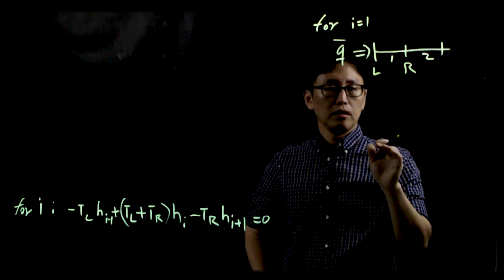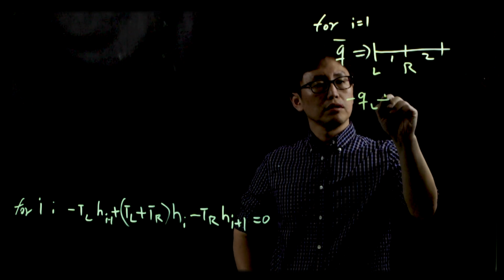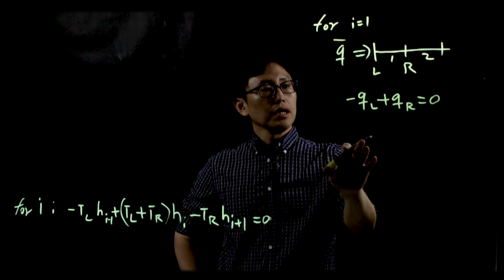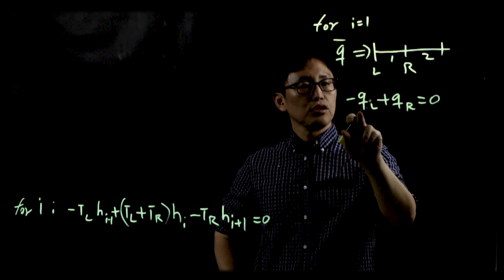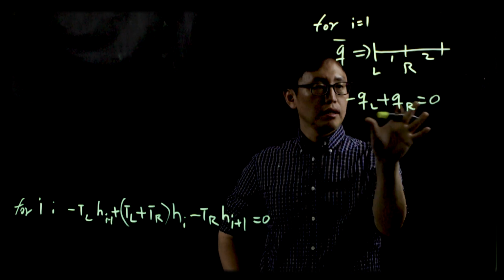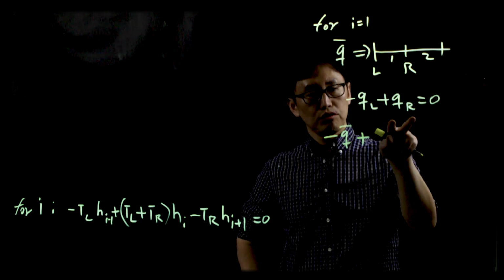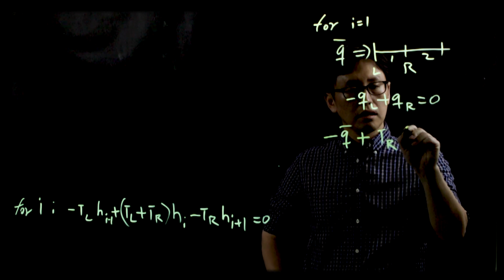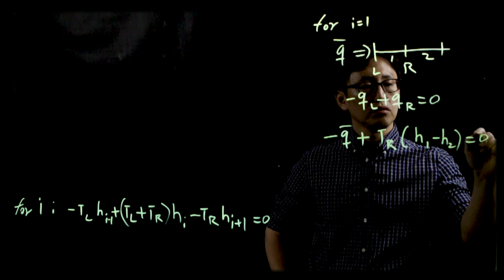Then we can write again the mass balance equation, where minus QL plus QR is equal to 0. Then, because the boundary condition is flux boundary, where the influx is Q bar, this QL should be replaced by Q bar. So we can fully rewrite this equation as minus Q bar plus QR, in the form of TR times (h1 minus h2), is equal to 0.